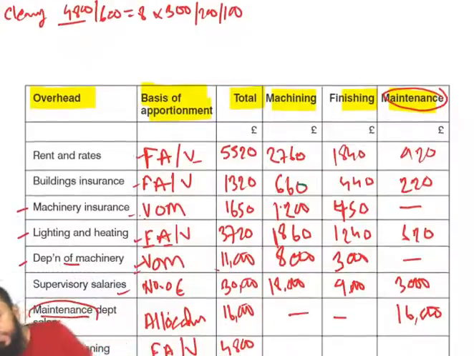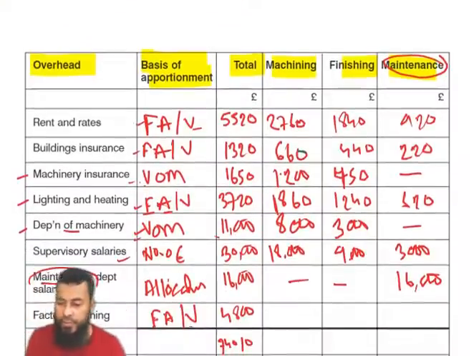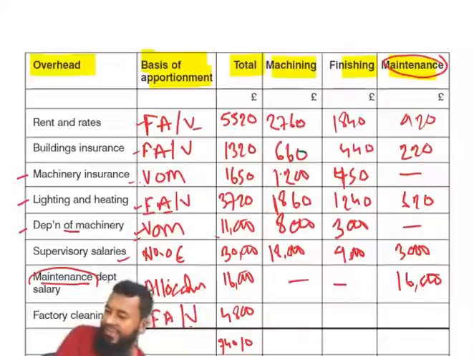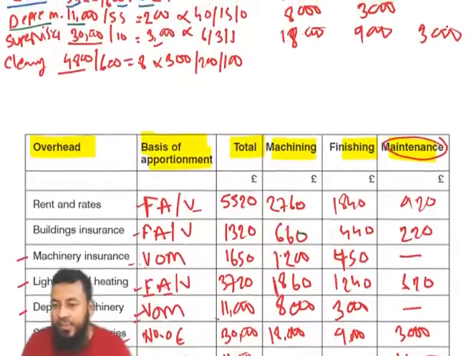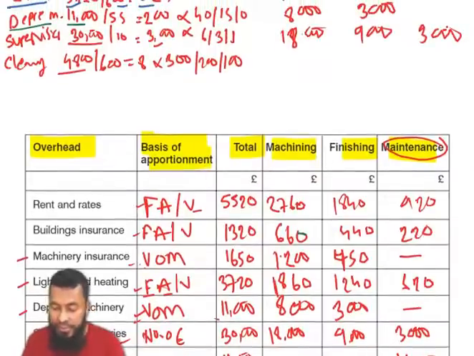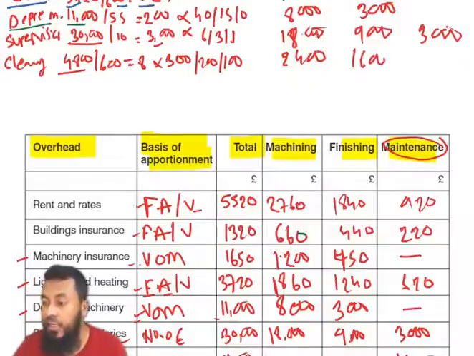Where's the cleaning? Can you see, guys? No? Maybe now? Yes, cleaning. 4,800 divided by 600. So you get 8, do you? Yes, you do get 8 times 300, 2,400 for machining. 8 times 200, 1,600 for finishing. And 8 times 100, 800.